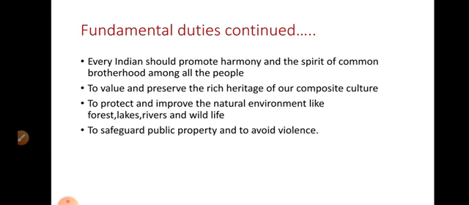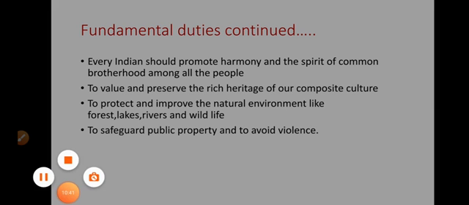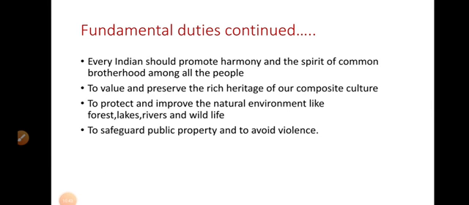So these duties also help us maintain safety amongst the people, protecting public property and avoiding violence. So this is everything about fundamental duties. This is required of every citizen of India.